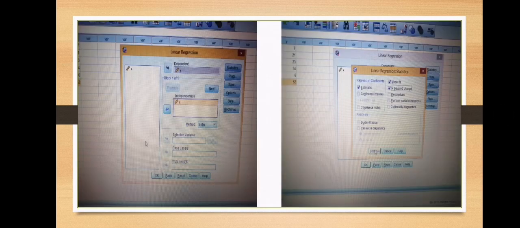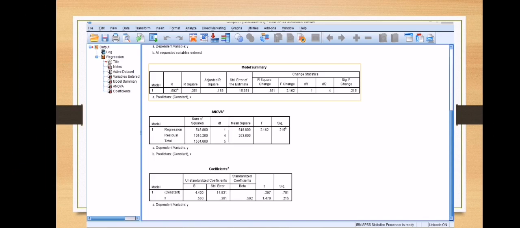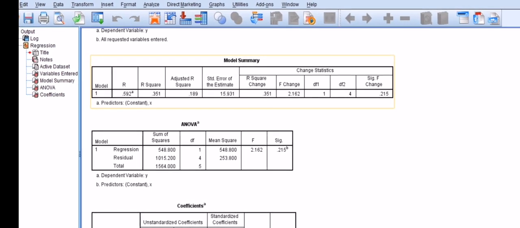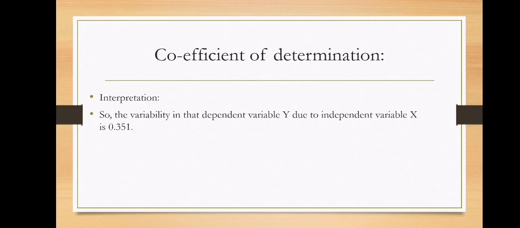We put y in dependent and x in independent, and then statistics, and we got the options of estimate, model fit, and R square change. Continue and then OK.